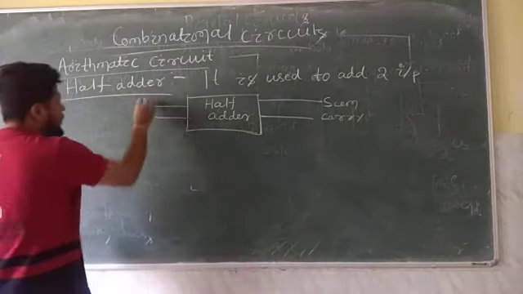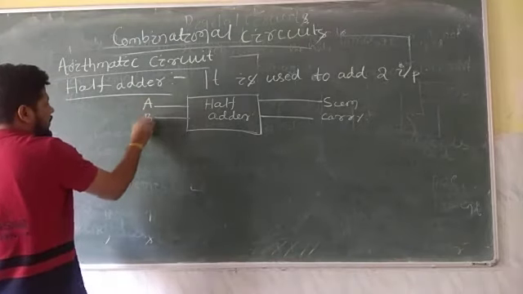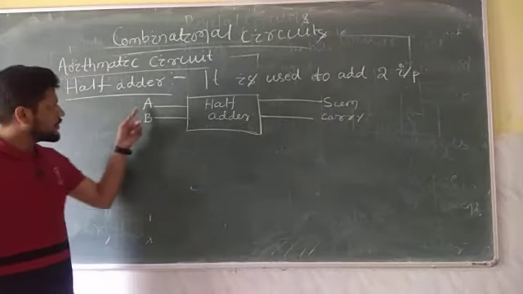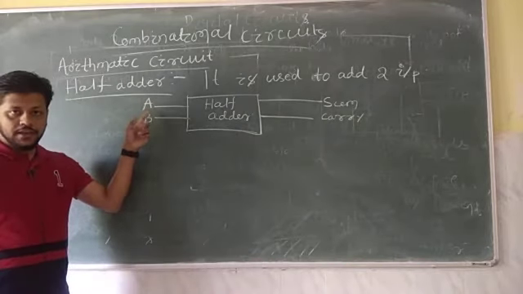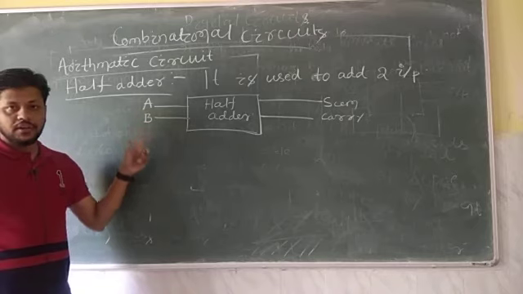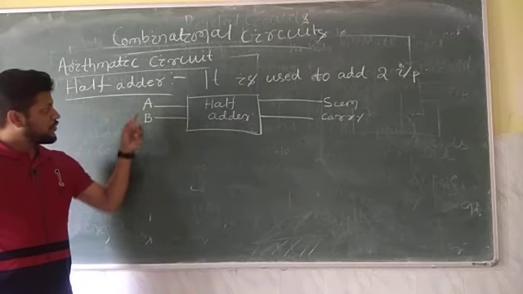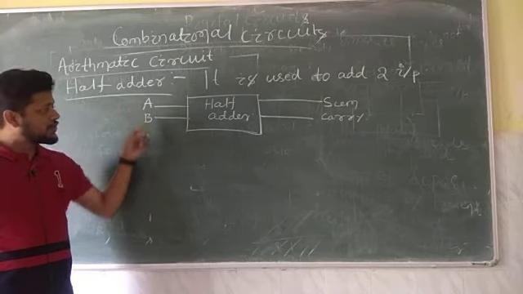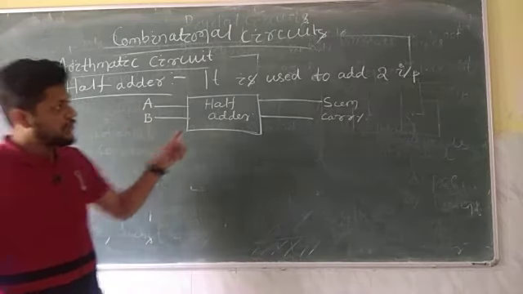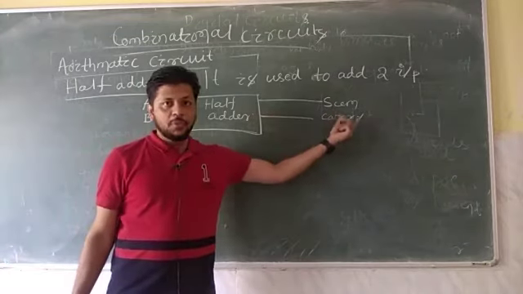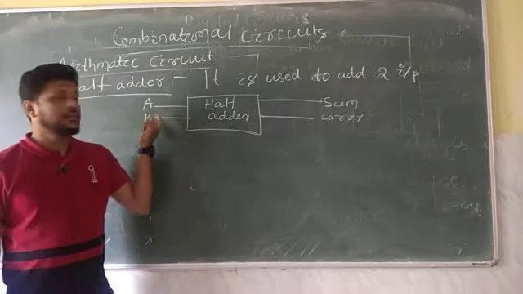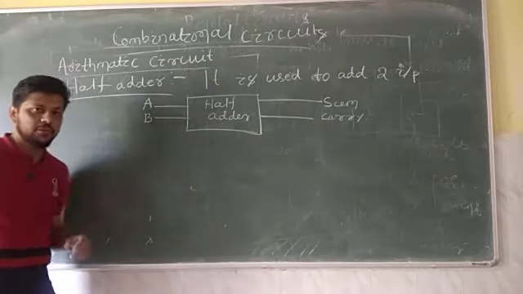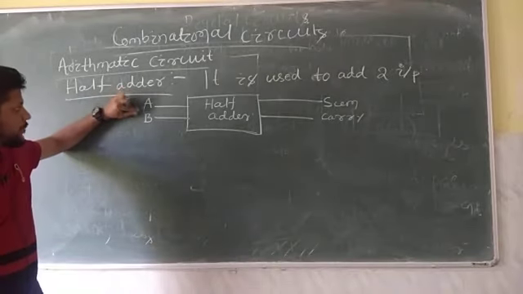The two inputs, let's say, are variable A and variable B. Input is always a variable. You need to design the circuit in such a way that we use these variables and express the outputs in terms of them. A is one input and B is another input.